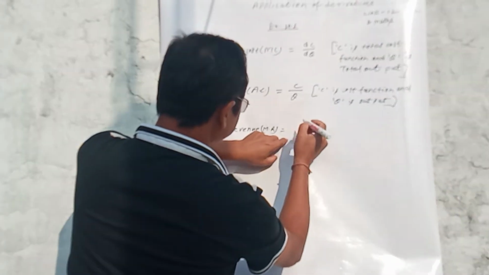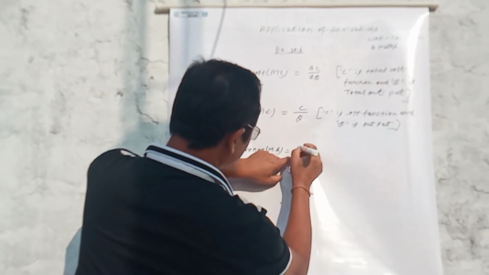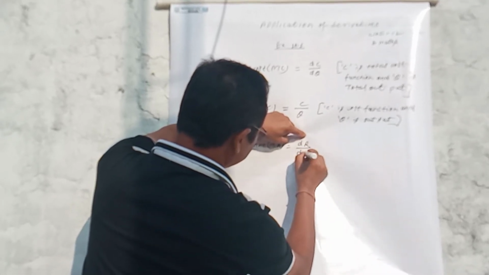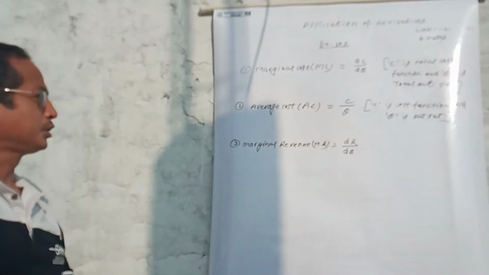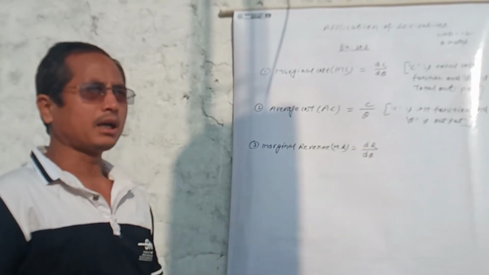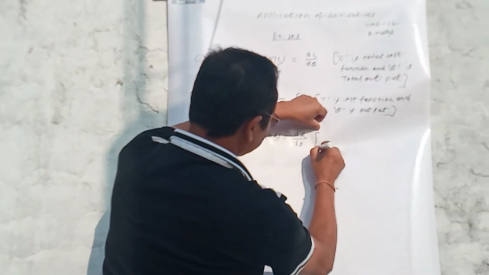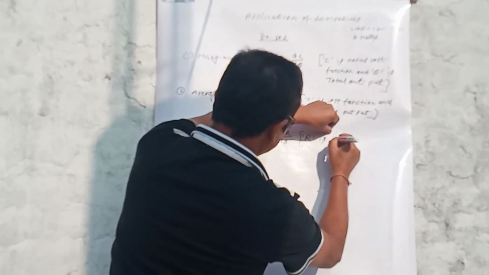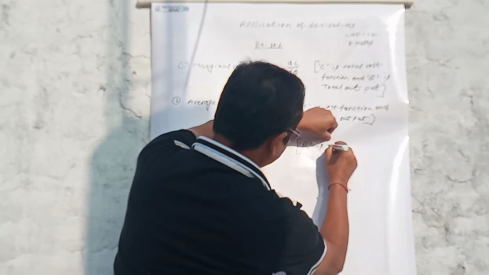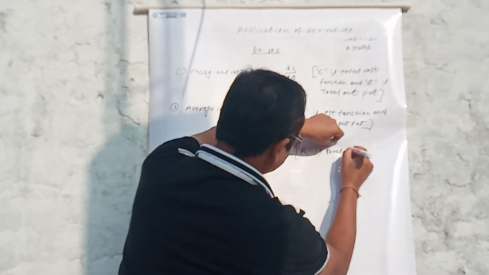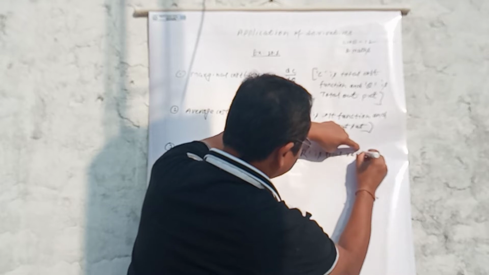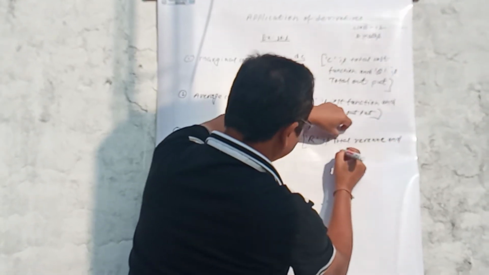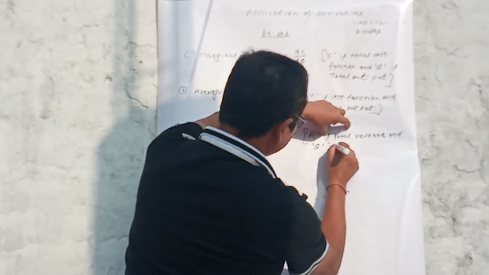Marginal revenue is the derivative of R with respect to Q, where R is total revenue and Q is output.